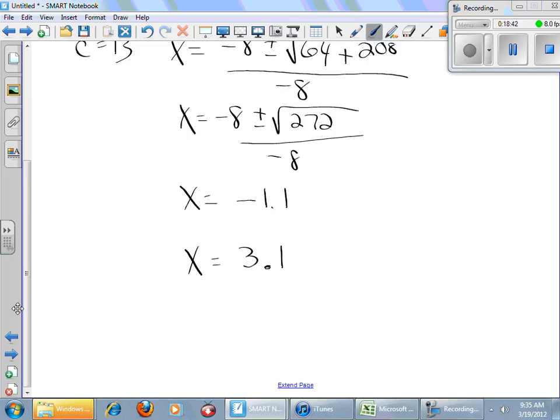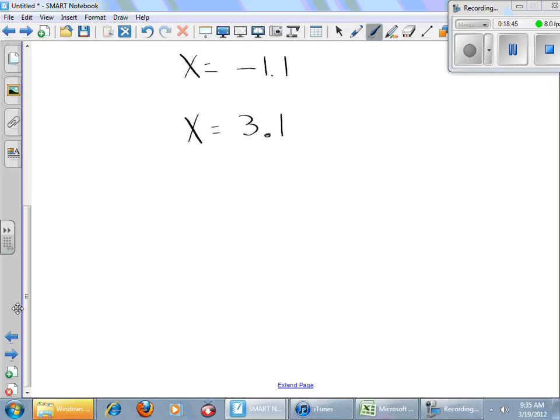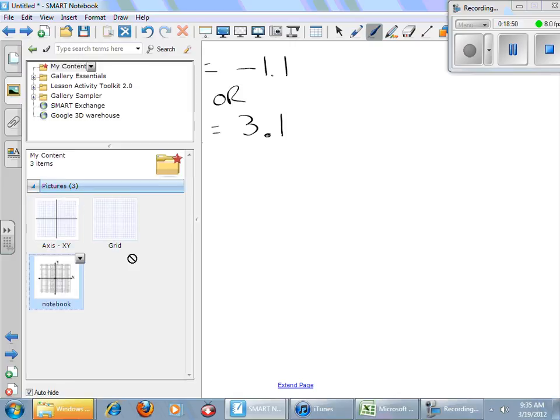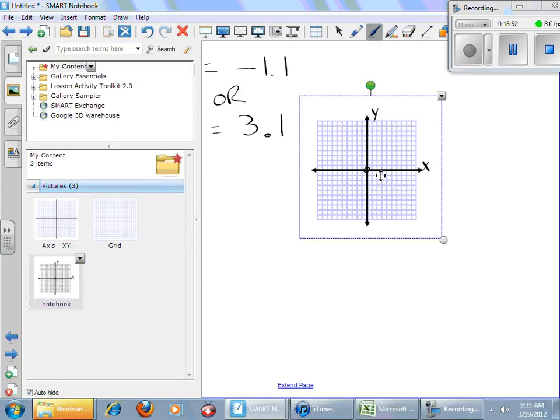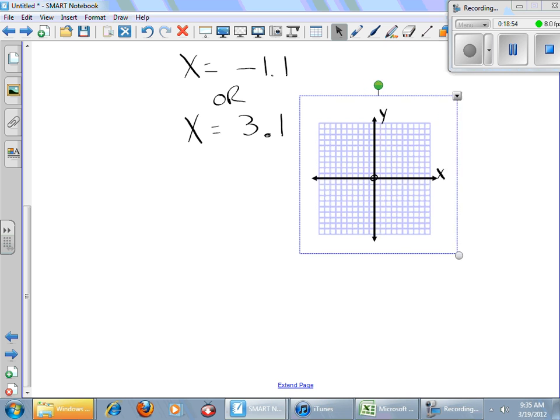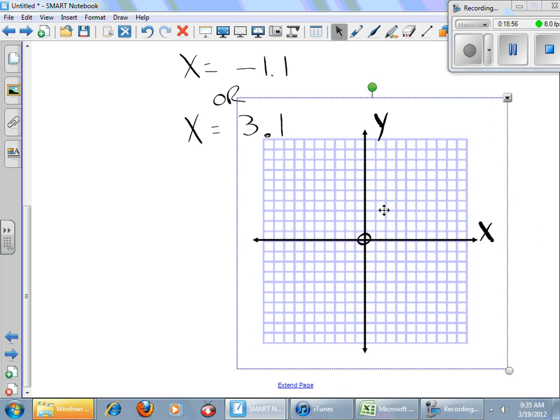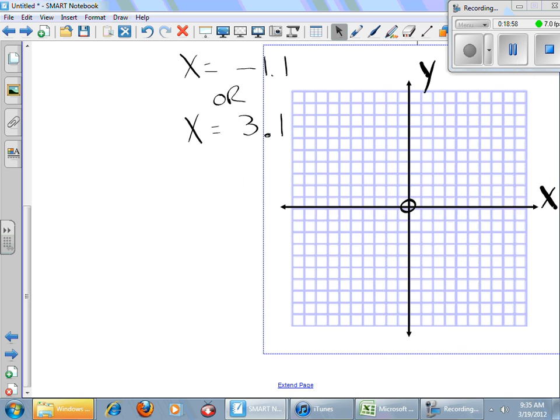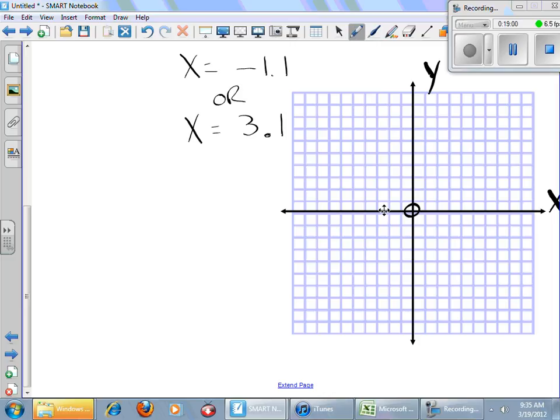Okay, so now I'm going to go to a graph. Those are my zeros. Get a graph out here. And I know that my zeros are going to occur at 3.1, just a smidgen over from 3, and at negative 1.1, just a smidgen over there.